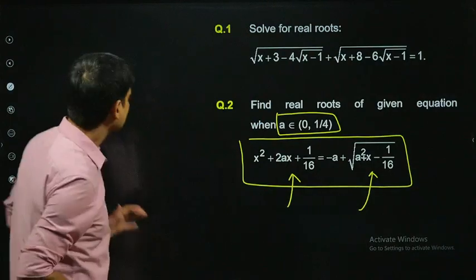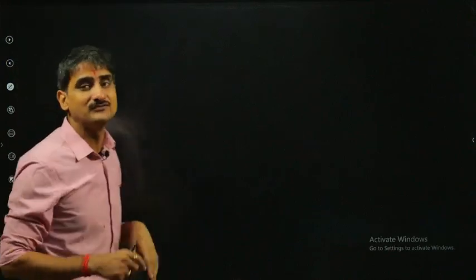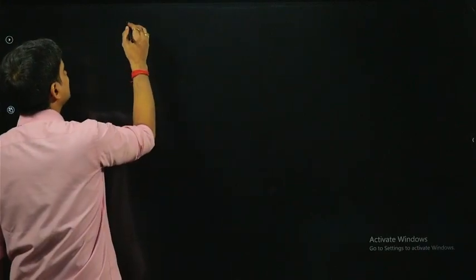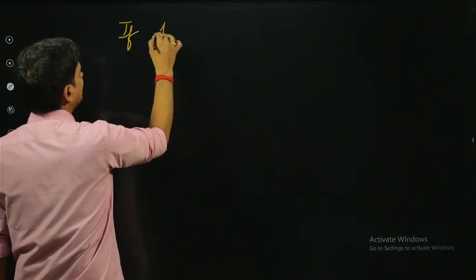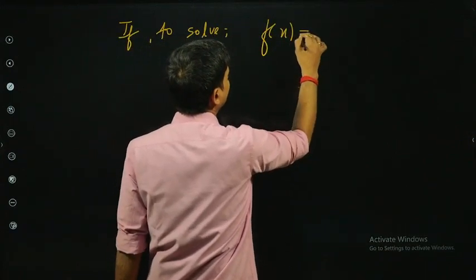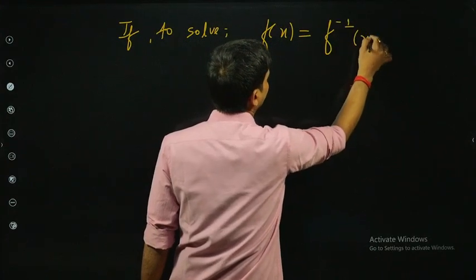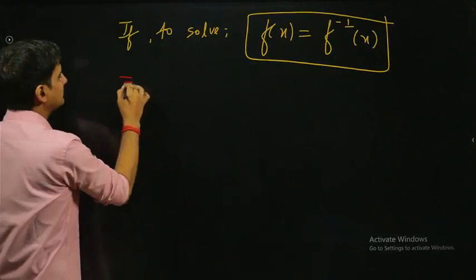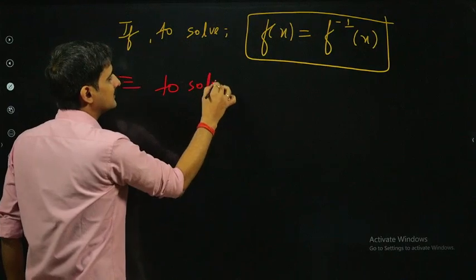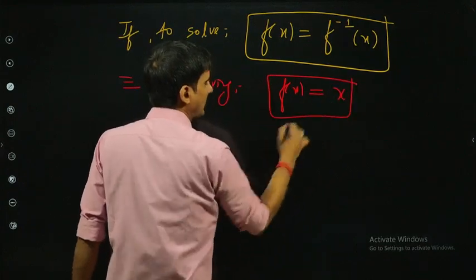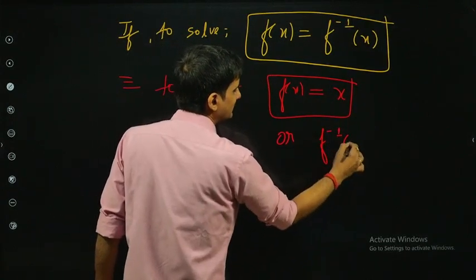The very first thing I started with is the statement I always keep at the back of my mind: if we have to solve an equation f(x) equals f inverse of x, then this is equivalent to solving f(x) equals x, or f inverse x equals x.